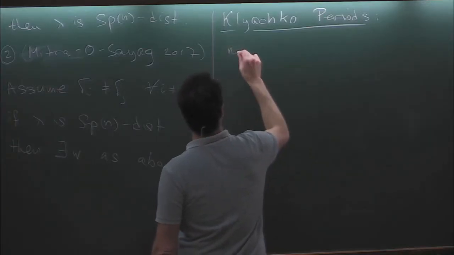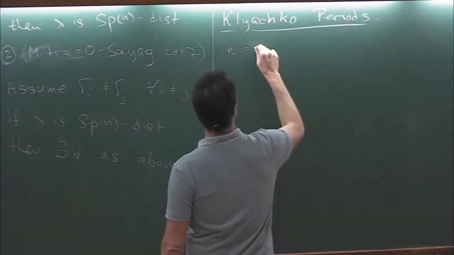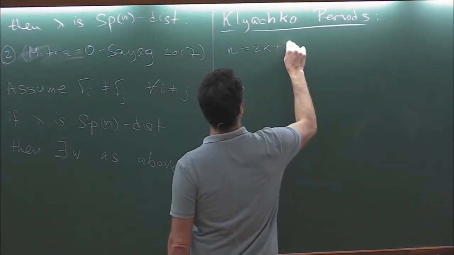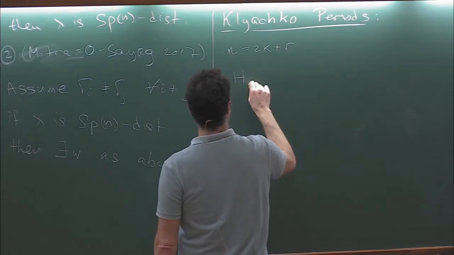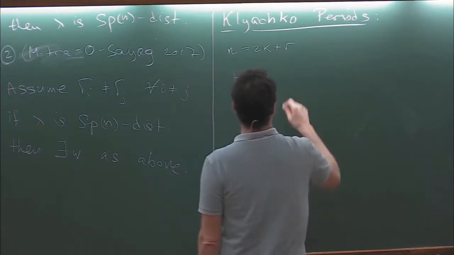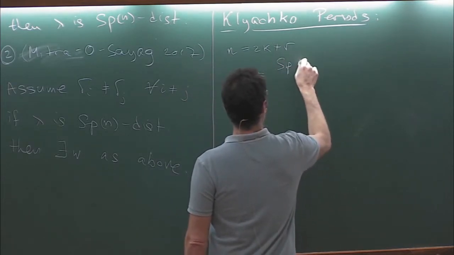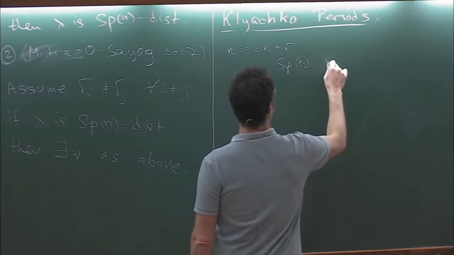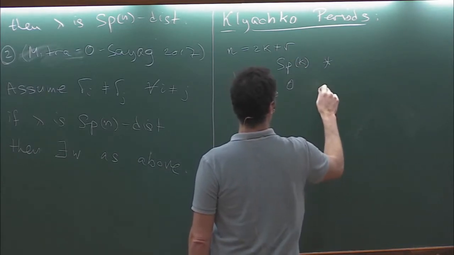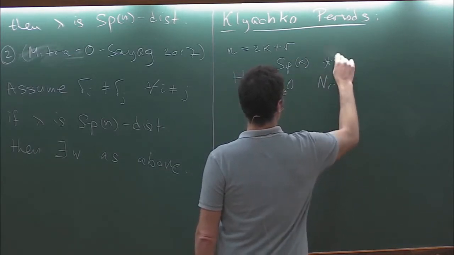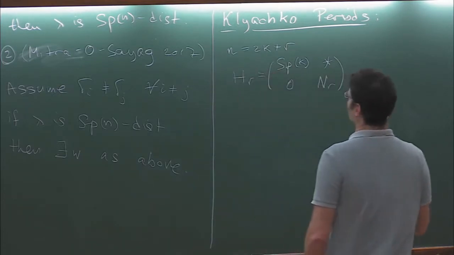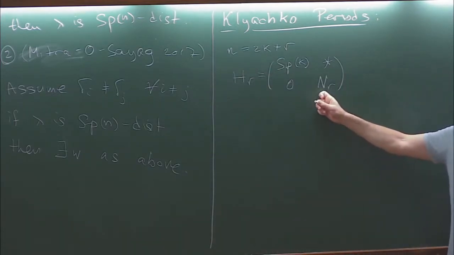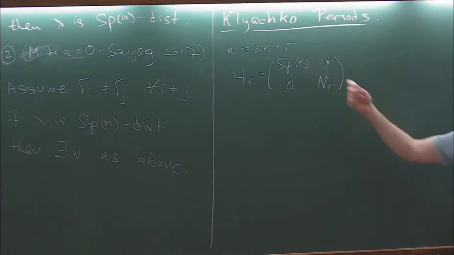If we have any decomposition of n as 2k plus r, we write H_r for the subgroup Sp_k, anything here, and N_r. And we extend the generic character on N_r trivially to this subgroup.